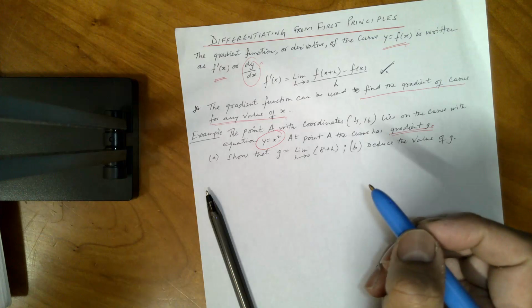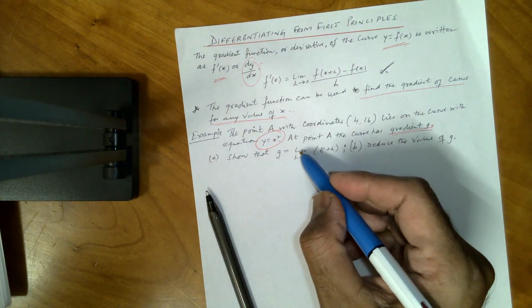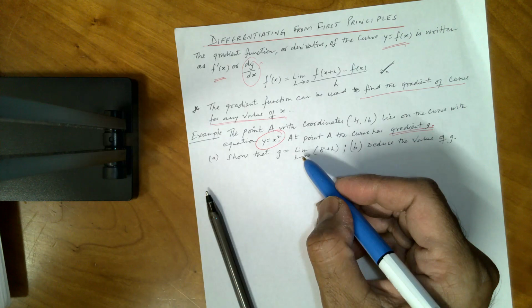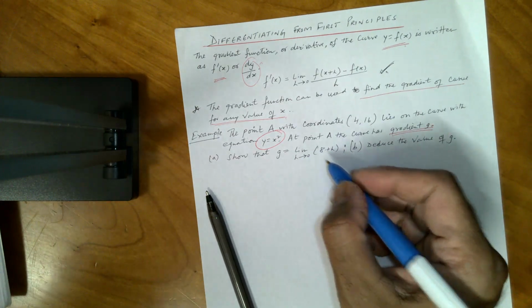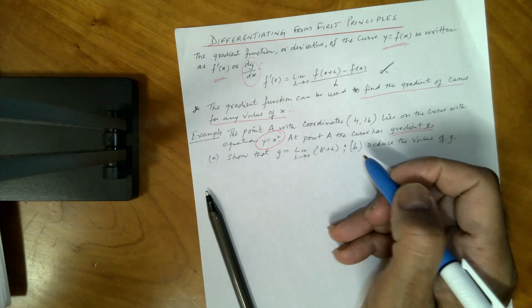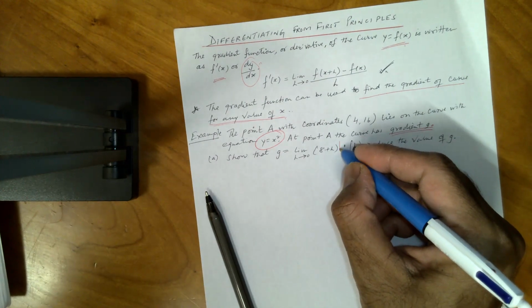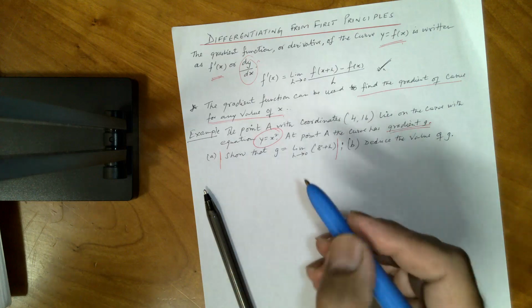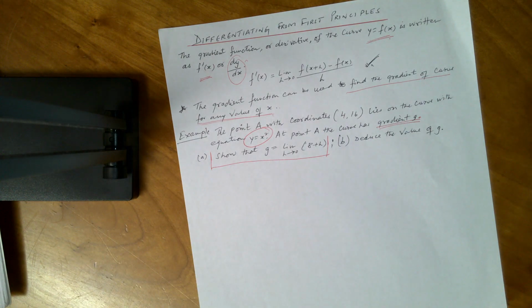Now show that g equals the limit, as h tends to 0, of (8 plus h). So, first, we'll talk about this.